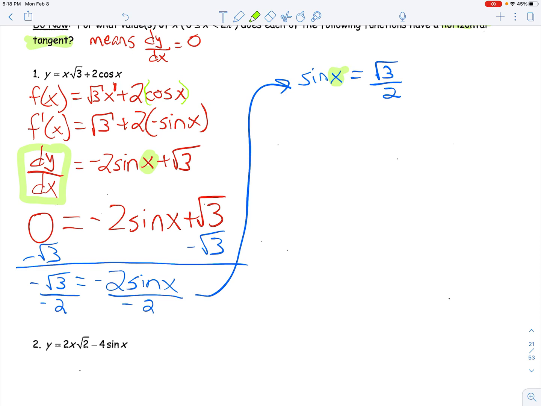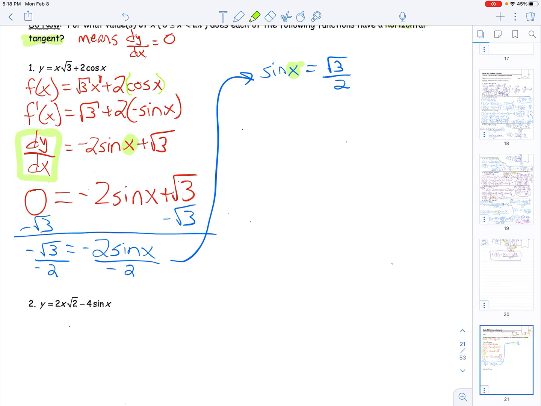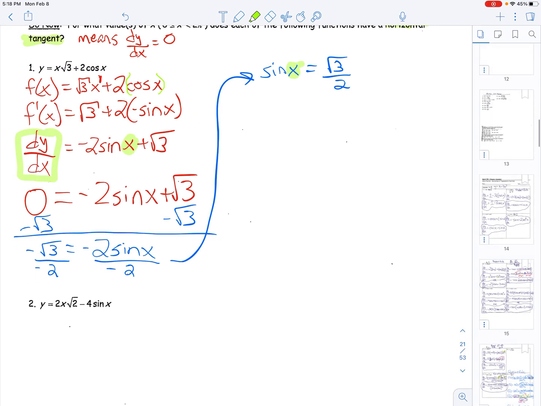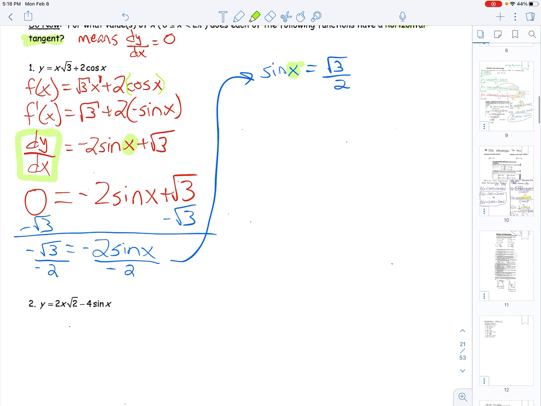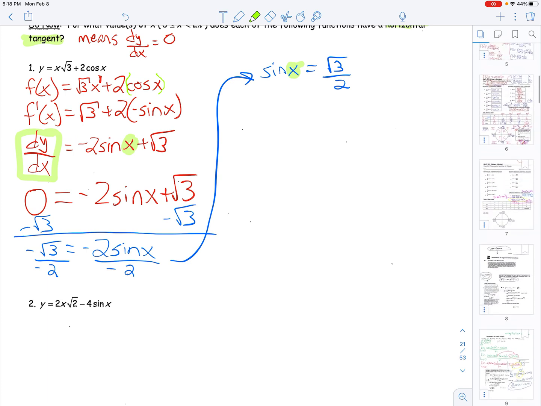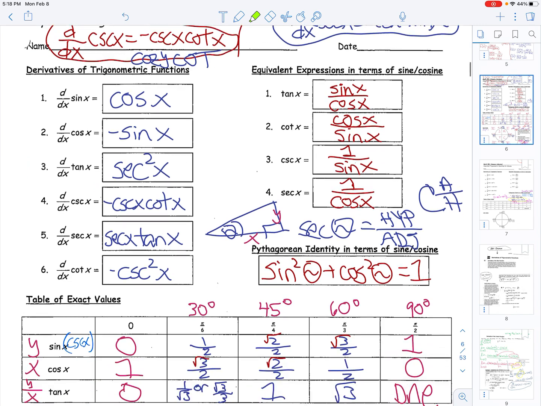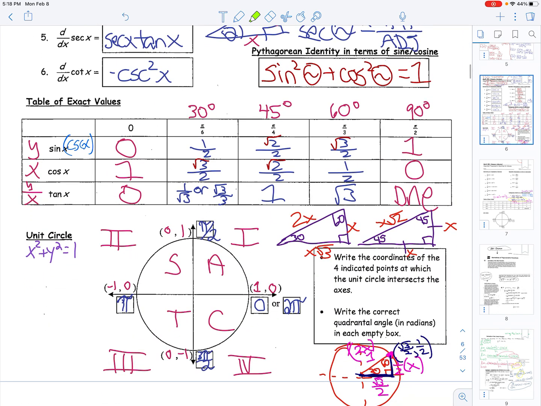So the sine of what x here, remember, in radians, is going to produce radical 3 over 2? Now, isn't that an exact value? Radical 3 over 2. Remember the old chart?